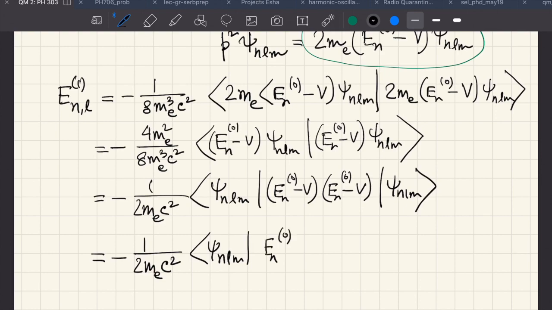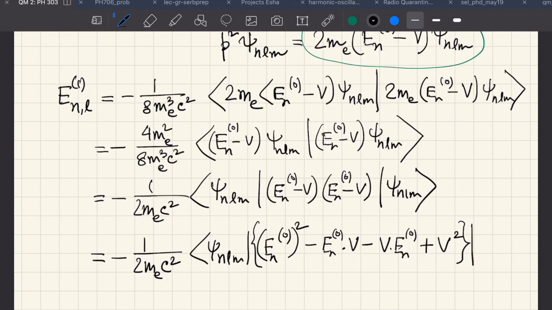When En0 multiplies En0, there will be terms like En0 squared, minus En0 into V operator, minus V operator into En0, plus V operator squared, everything acting on psi NLM. But En0 is just some fixed number, so En0 into V and V into En0 are the same.